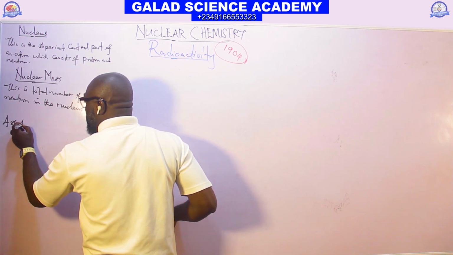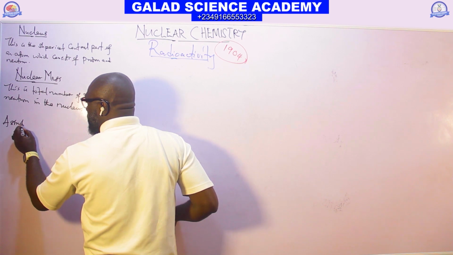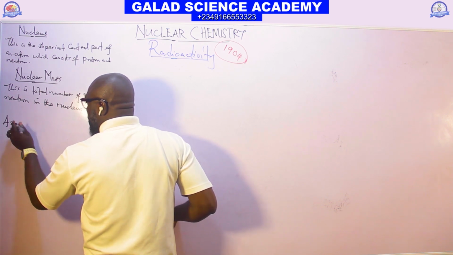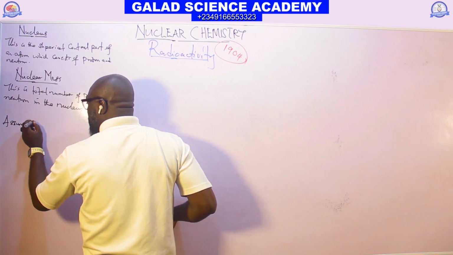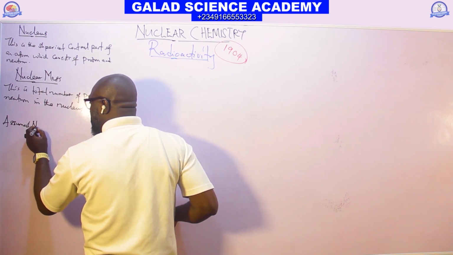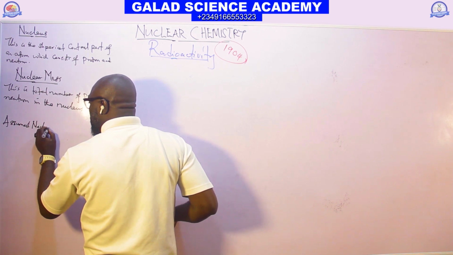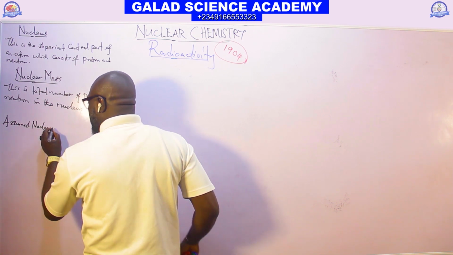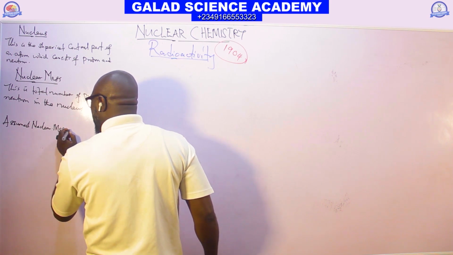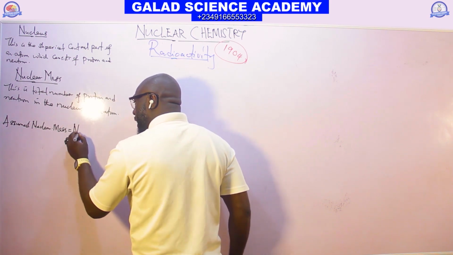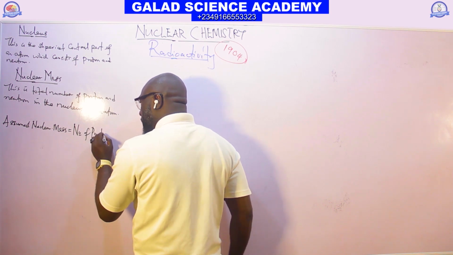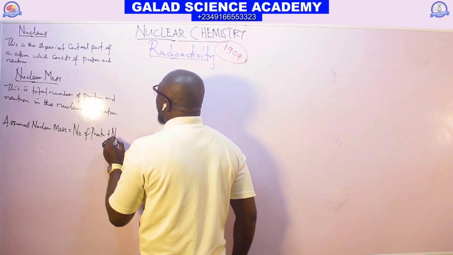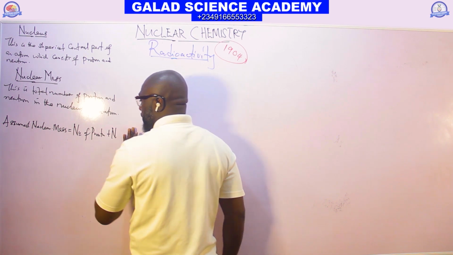Assume nuclear mass should be number of proton plus number of neutron.